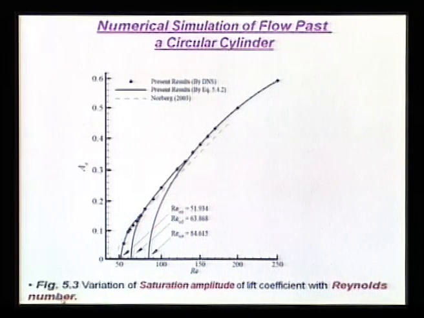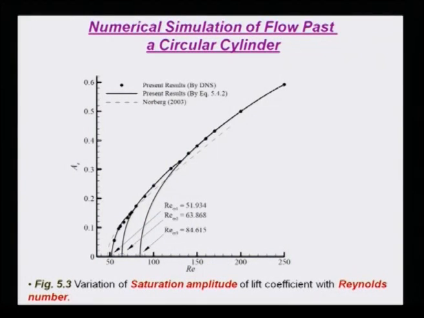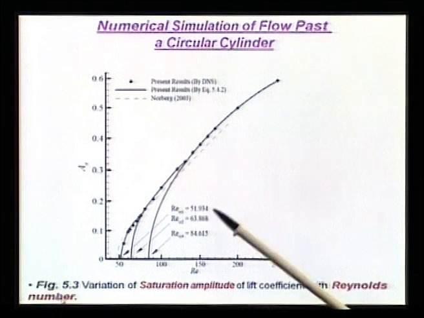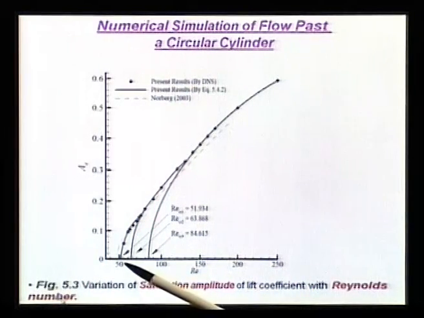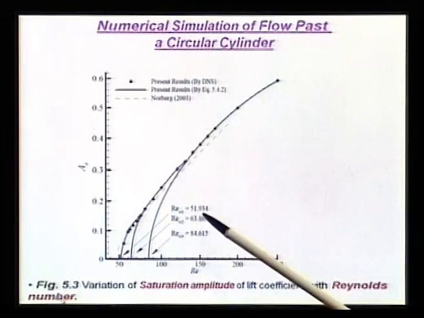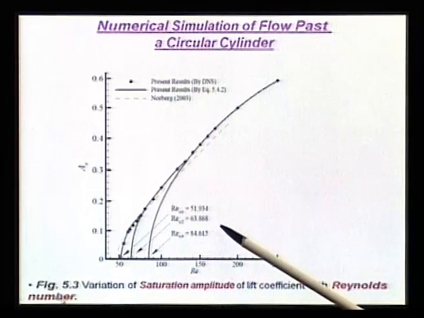So, this is an example where you can see it is very much inbuilt in your governing equation, the Navier-Stokes equation, and what you find is a very interesting thing. The first hopf bifurcation, according to the numerical method we have chosen, indicates a critical Reynolds number of about 52.